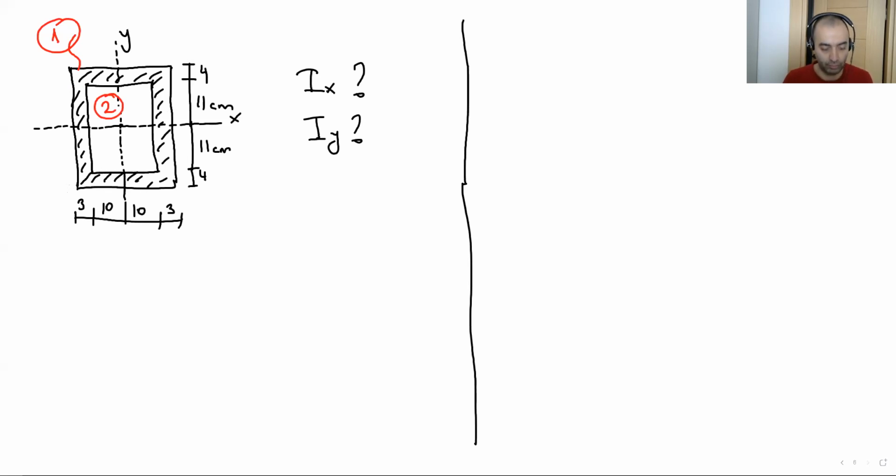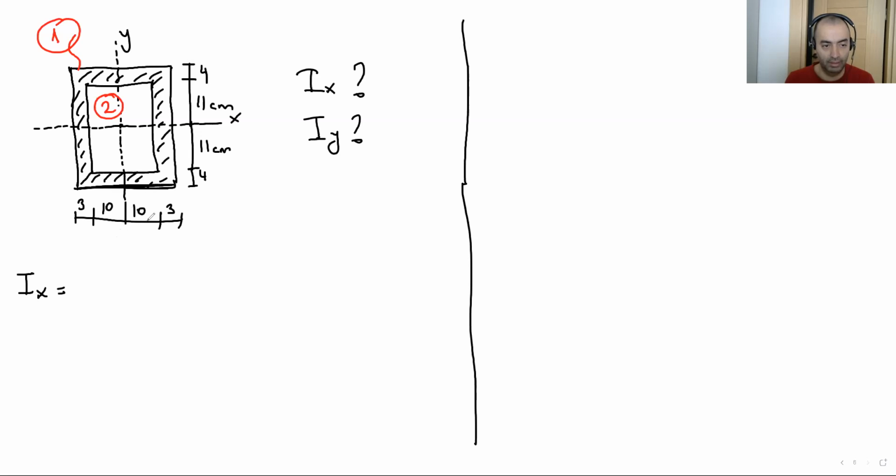Let's do it. Here, Ix. Firstly, we are dealing with the x-axis. We are calculating the whole rectangular section. That's why the parallel edge is this one, parallel to the x-axis.